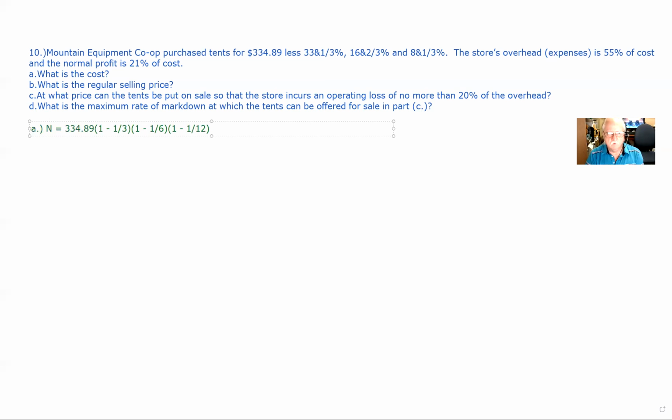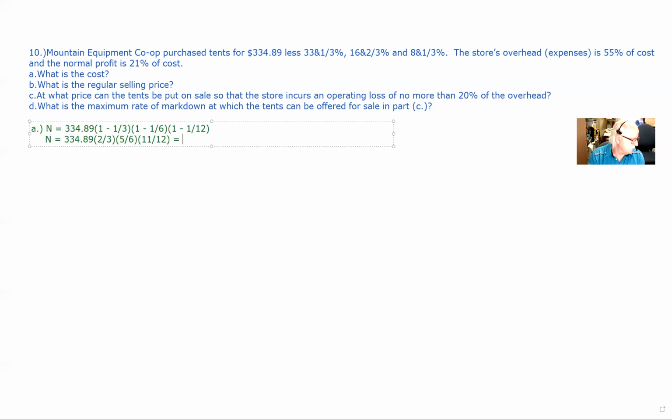And so we can simplify what's in the bracket. 1 minus 1/3 will just become 2/3. 1 minus 1/6 is going to become 5/6. And 1 minus 1/12 will be 11/12.